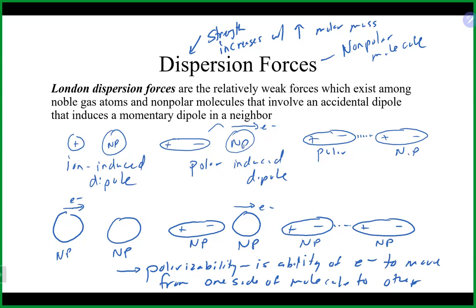Any questions on that? That is the main force that nonpolar molecules use. That is why a lot of organic molecules, which are mostly nonpolar, are gases and very volatile, because they're held together by very, very weak intermolecular forces, which means it doesn't take a lot of convincing to get them into the gas phase.